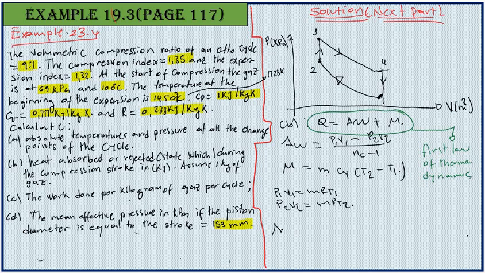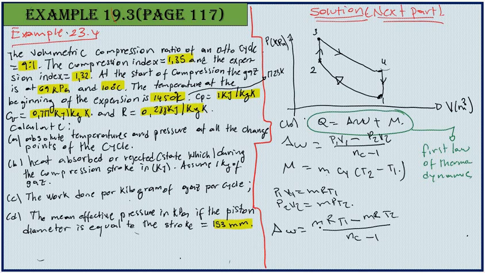So the work done is equal to, instead of P1 V1, MR T1, because they are equal, and then I do the same thing for this part, MR T2, and then I divide this by n minus 1.